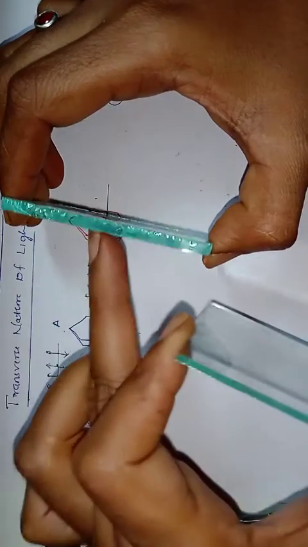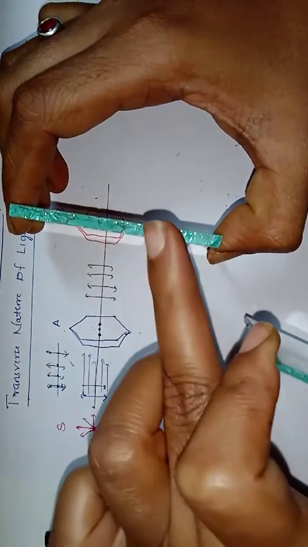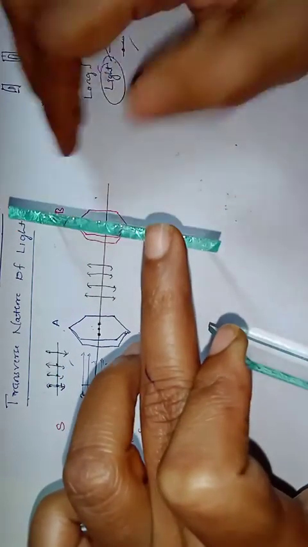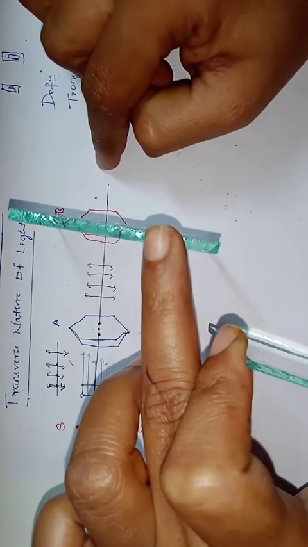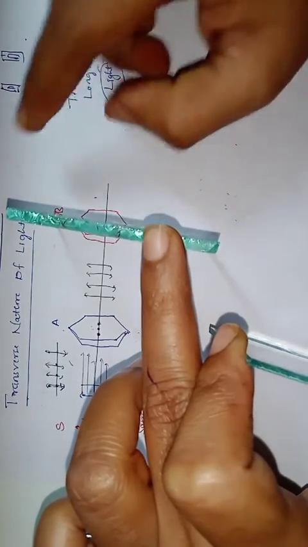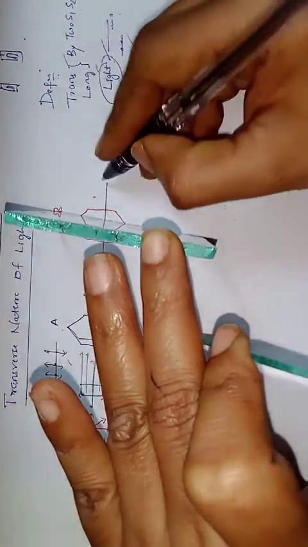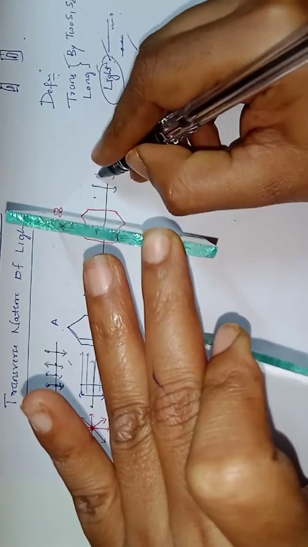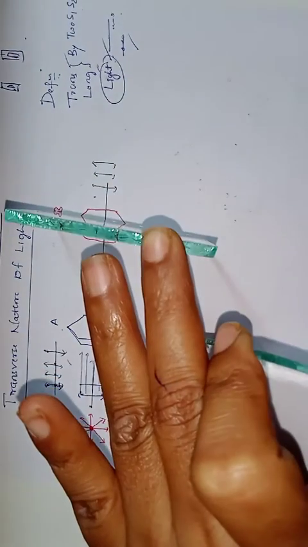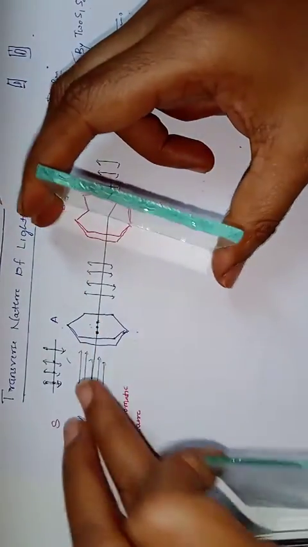Again it passes through tourmaline crystal B, and there is no change; again only plane waves pass. Why? Because there were two types of waves.